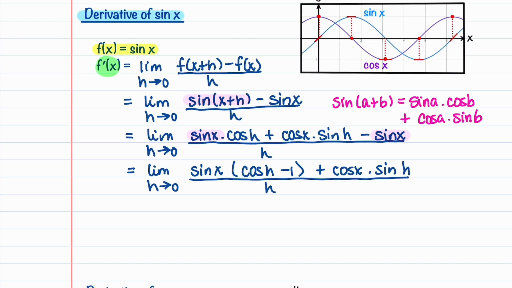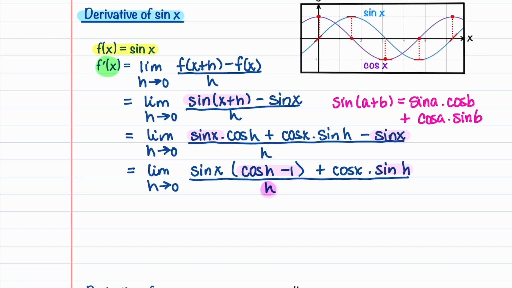Let's now look and see what we have. Notice that we have a cosine h minus 1 divided by h, and then a sine h divided by h. Those are actually two fundamental trigonometric limits, and their value is known.